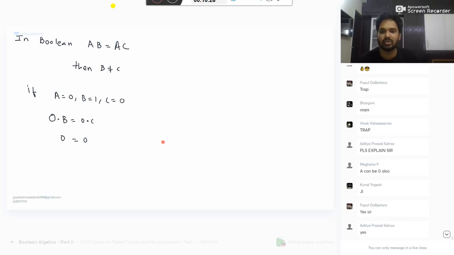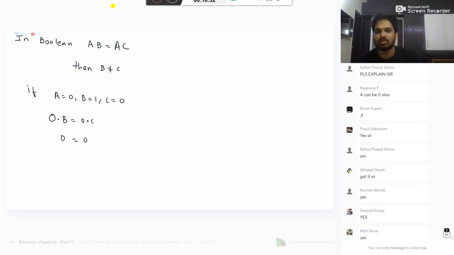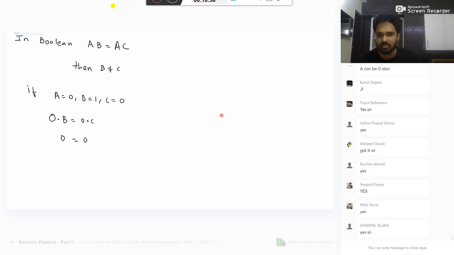Yes, 0 into anything is 0. A can be 0 also, because your variable has two values only, either 1 or 0. They can be equal, but they need not be equal every time. If A is 1, then maybe B equal to C. So it depends on A value. If A is 0, you cannot say directly.